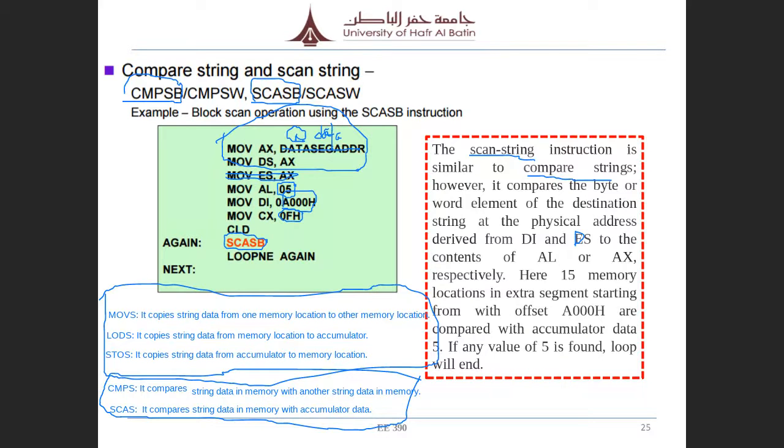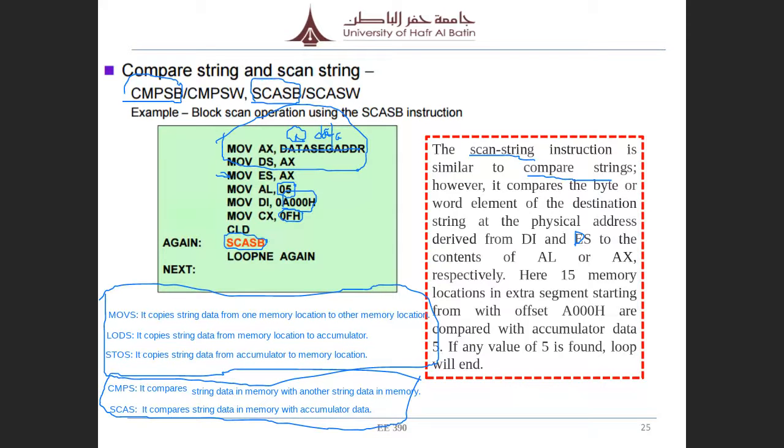Let me verify it. Scan string. So, the third line, don't ignore this third line. Where is the string in memory, in which memory location is the string data?